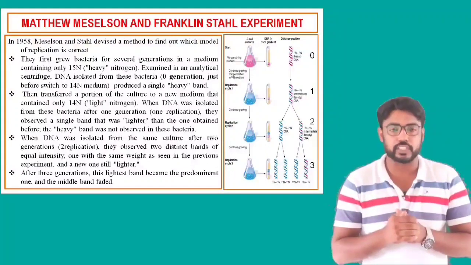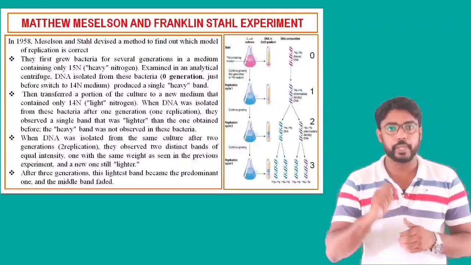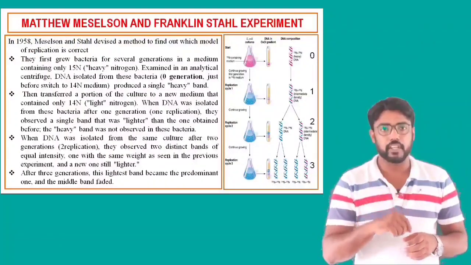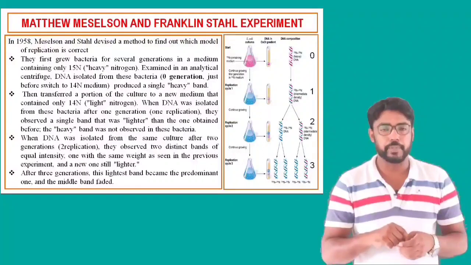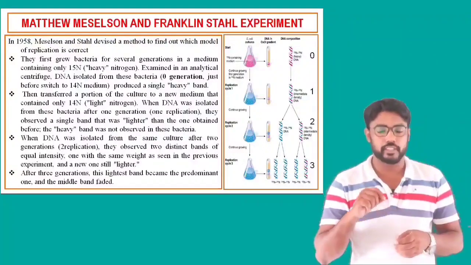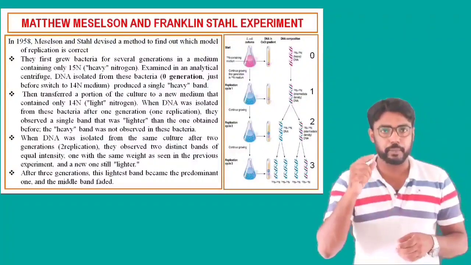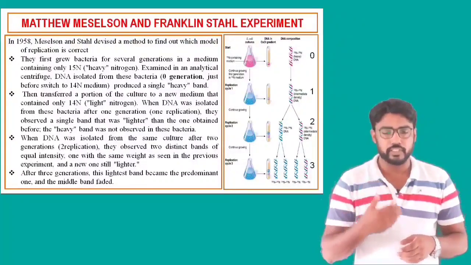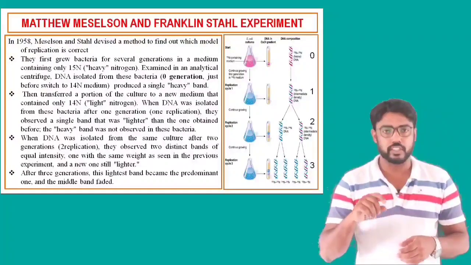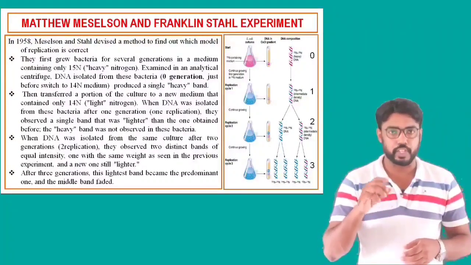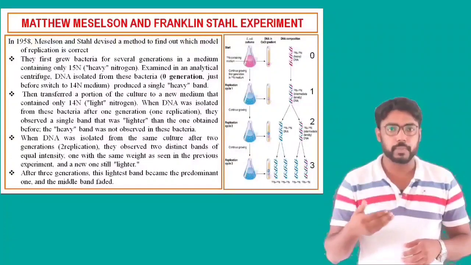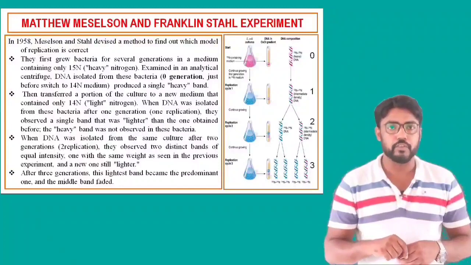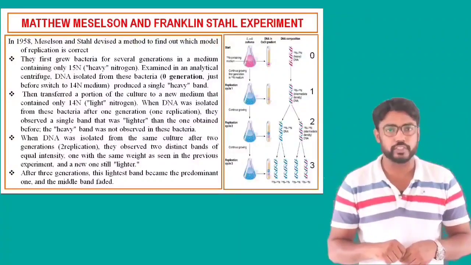In that, they found that the light band became predominant, but the intermediate band became faded. As the generations progressed, the predominance of the light band increased more and more, but the intermediate band faded. This was the result they observed.